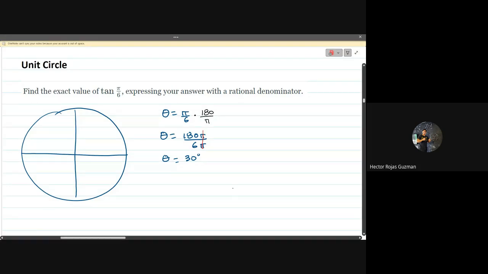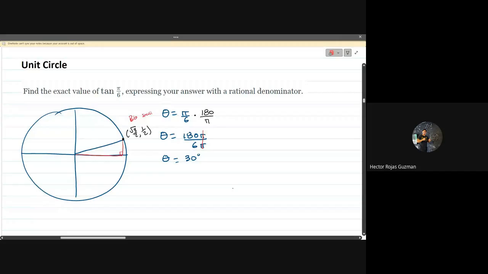That already kind of tells me where it's going to be in the unit circle. It's going to be in the first quadrant, and it's going to be relatively close to the x-axis. Make your triangle. We got a big leg and a small leg. So for your coordinates, we're going to use the big fraction and the small fraction. Again, big, small.